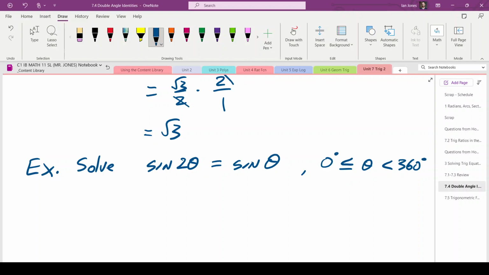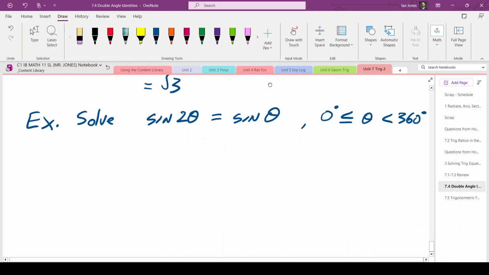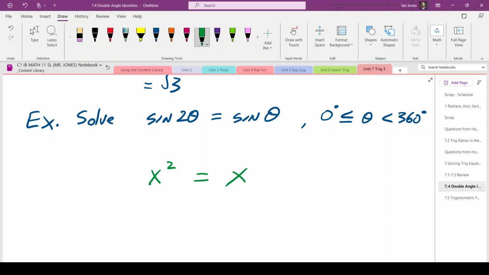So before I even do anything, I just want to remind you of this. If we have x squared equals x, for example, let's actually change this up a little bit.